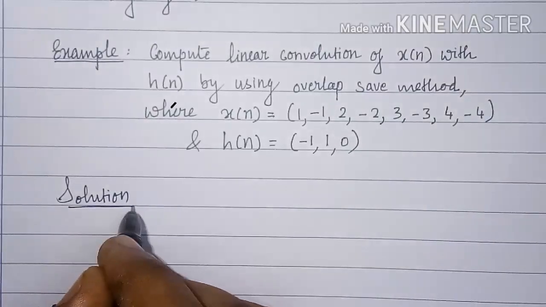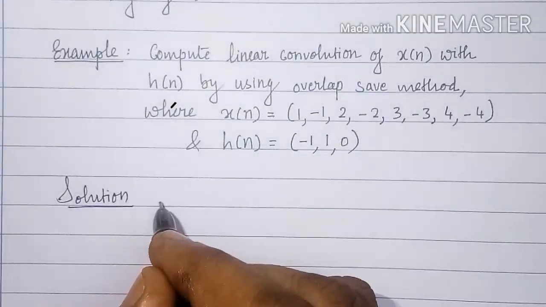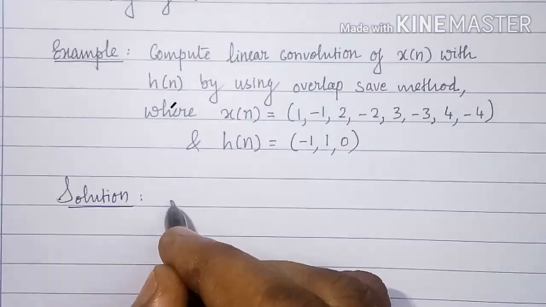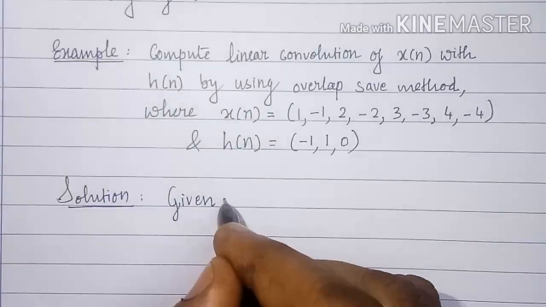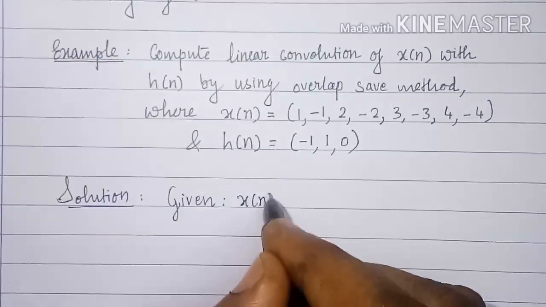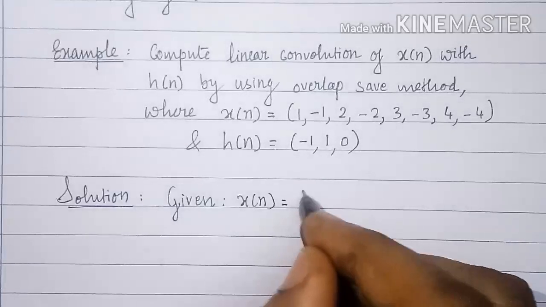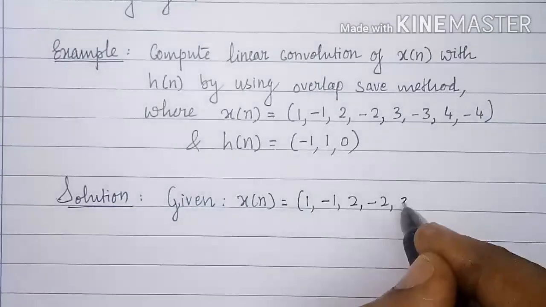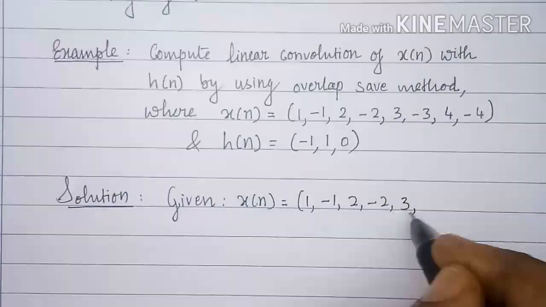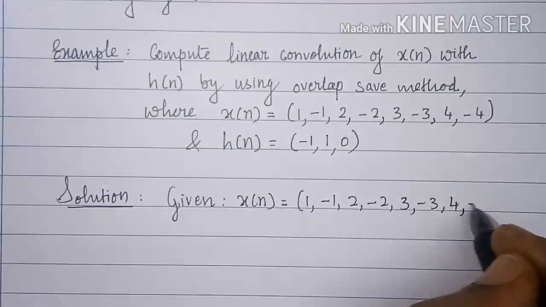Solution. Given x of n is equal to 1, minus 1, 2, minus 2, 3, minus 3, 4, minus 4.